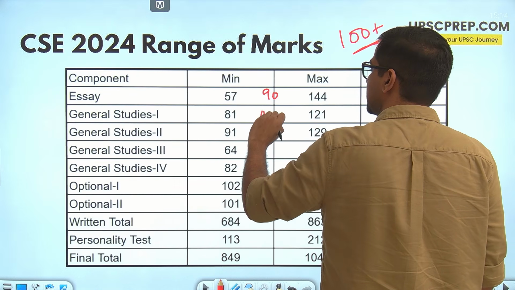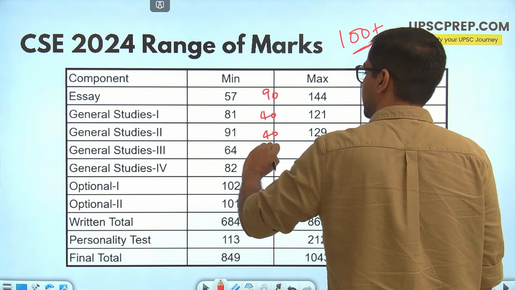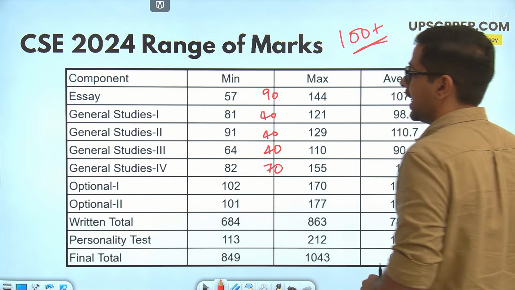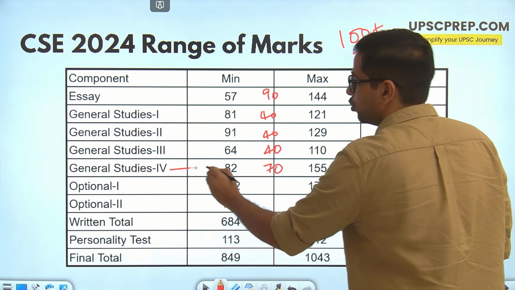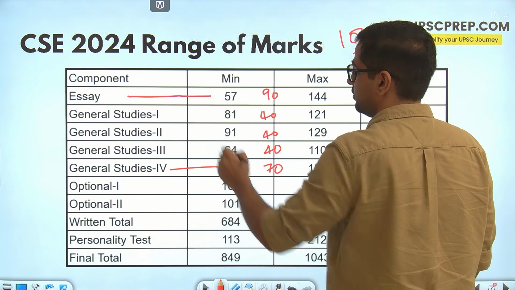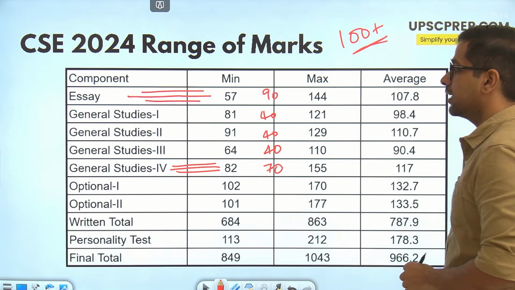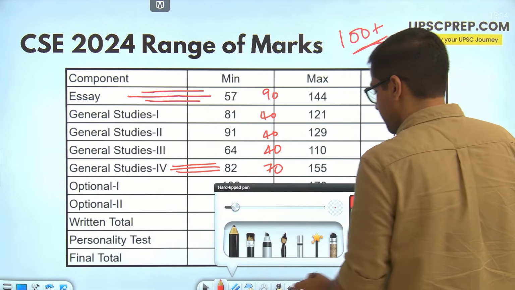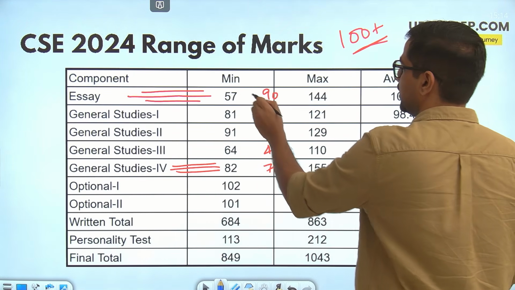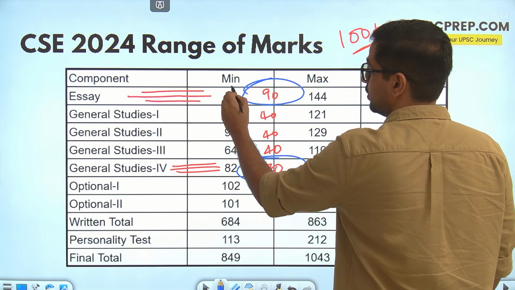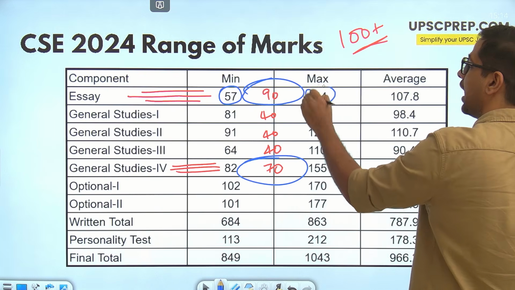For all GS subjects, the range is 40, except for our essay paper. So these two papers, essay and GS4 ethics, are the two papers where there is a very high margin. There is a 90 marks difference and there is a 70 marks difference between the person with one of the lowest scores and one of the highest scores.